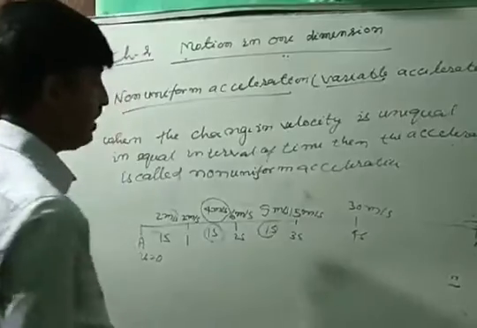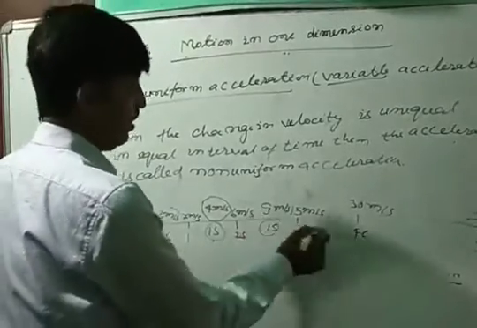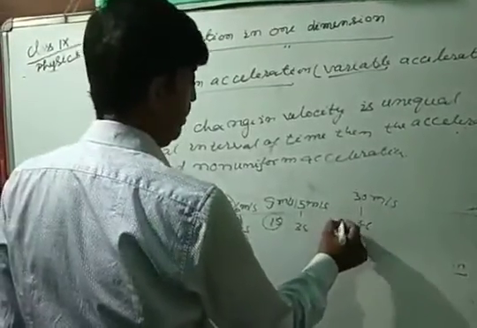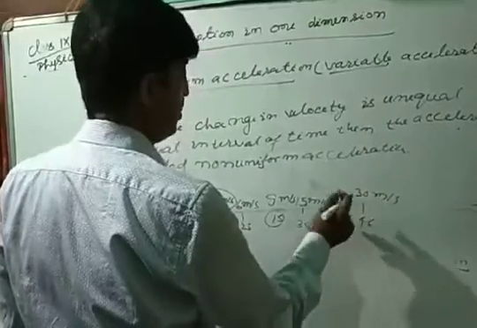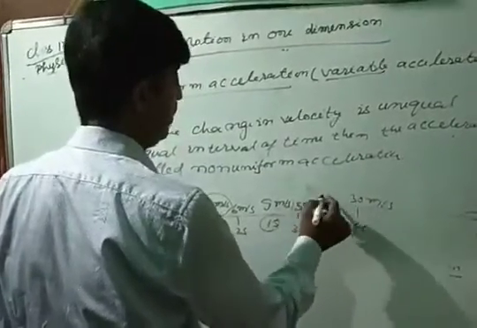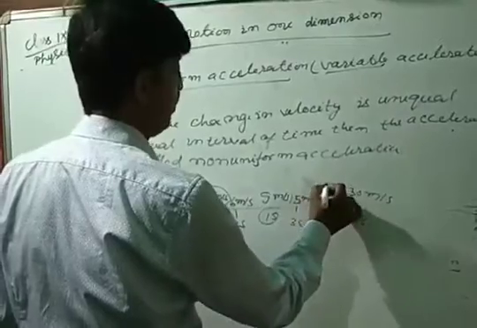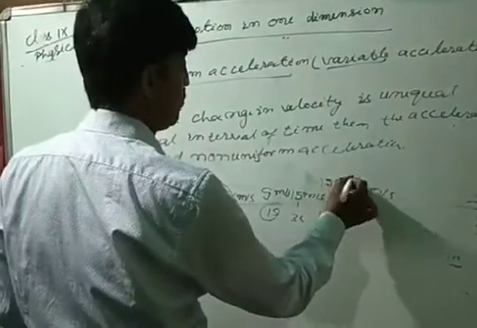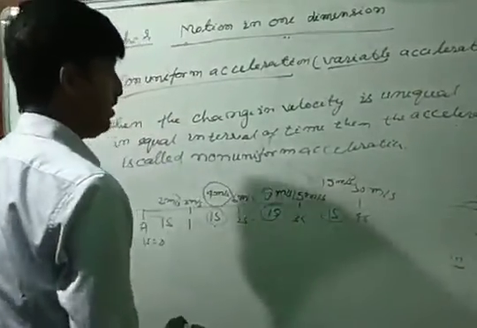Here the acceleration is 9 meter per second square. In the next 1 second, the change in velocity is 30 minus 15, which is 15 meter per second. So here the acceleration is 15 meter per second square.